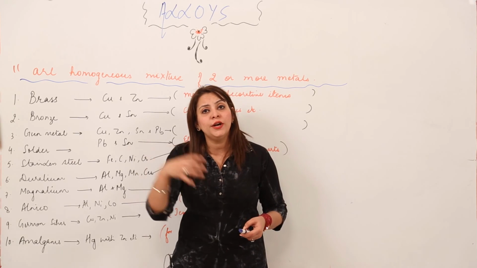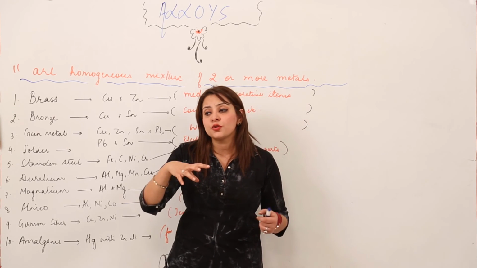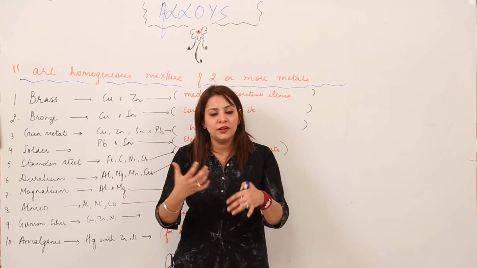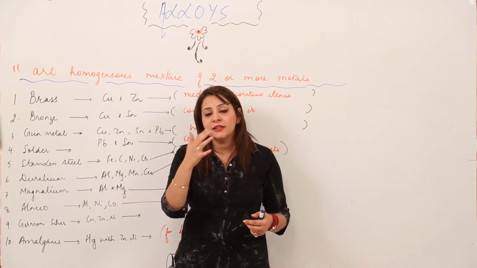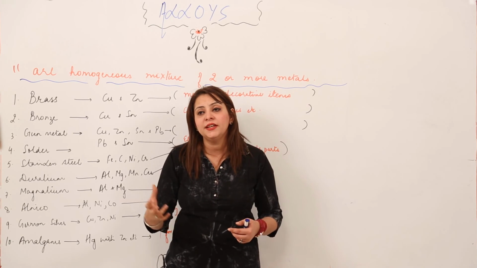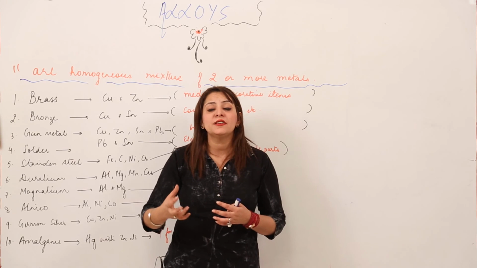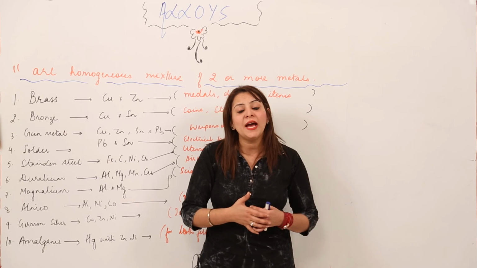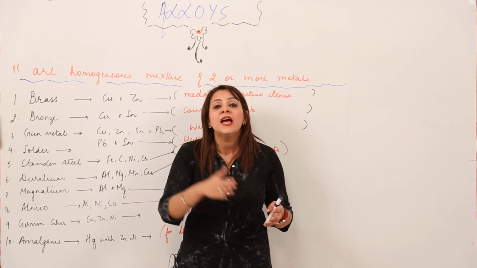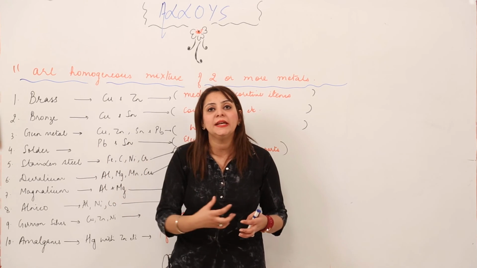We need to alloy it with certain metals in order to make it hard, so that we can draw it into a set or a bangle-like shape. So usually the gold which you get in the market is not completely 24 karat, because 24 karat is so soft it cannot be used for making ornaments. That is actually 22 karat, in which 22 parts are gold and 2 parts are some metal which makes it hard.